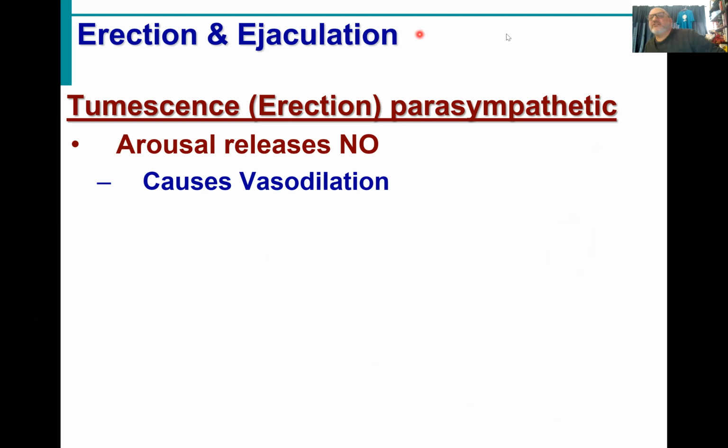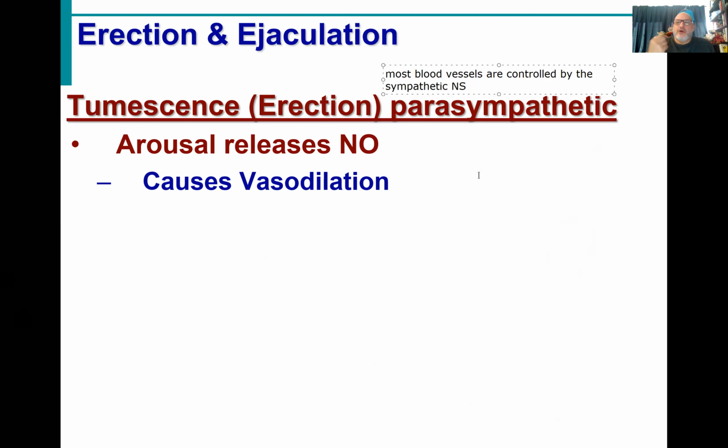Remember, one of the things we talked about previously is that most blood vessels are controlled by the sympathetic nervous system. But remember, the key word there is most. Most is not all. There are a few that are controlled by the parasympathetic, and primarily those are the ones that control this erectile tissue.